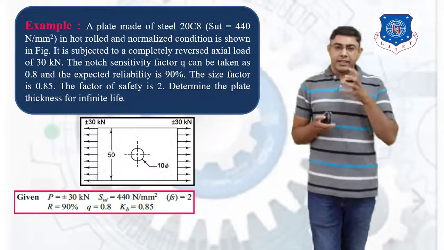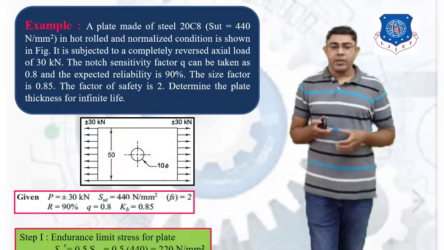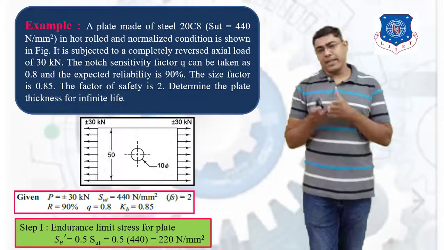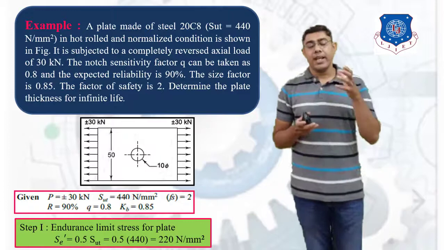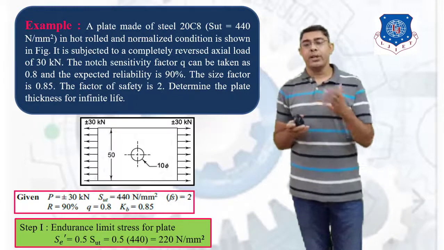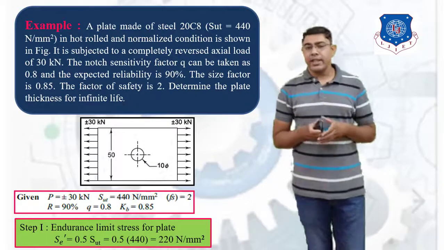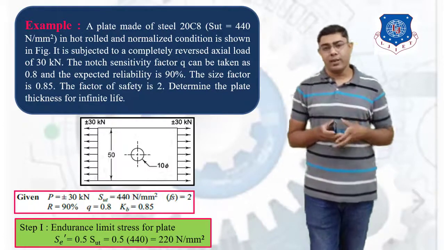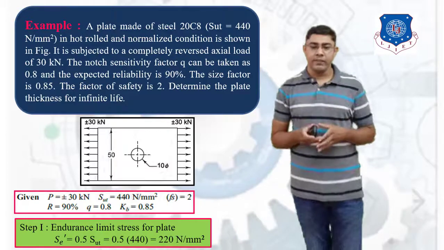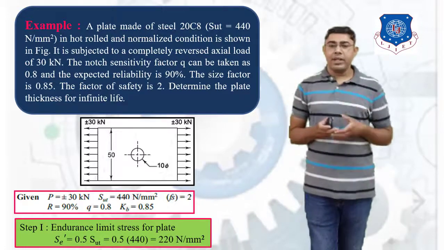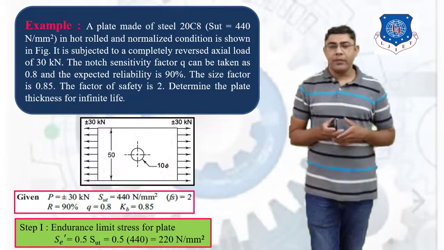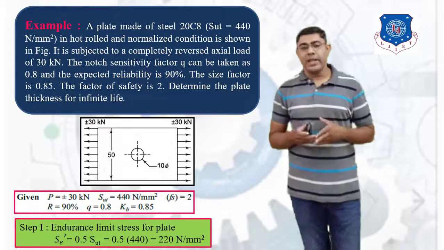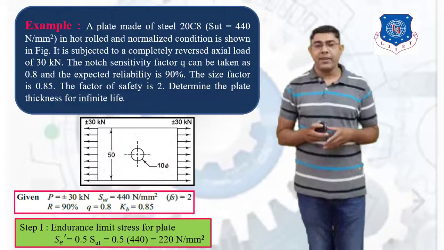We have an approximate relation between AC dash and SUT according to the material. Here the material is steel, and for steel AC dash is equal to 0.5 into SUT. Placing the value of SUT, we get AC dash equal to 220 Newton per mm square.